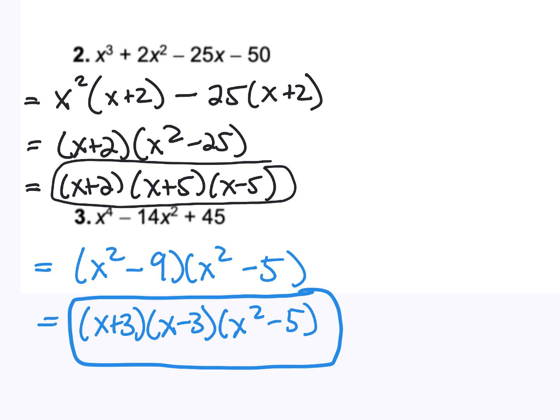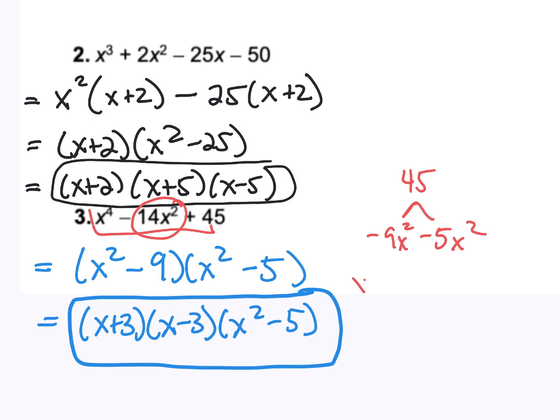There is a little, like I was saying, I did a little AC grouping in my head on number 3 to post your answer, but we can talk about that. If you do 1 times 45, that's 45. Things that multiply to give you 45 that add to negative 14 are negative 9 and negative 5, but you have to attach an x squared to those because your middle term is x squared.